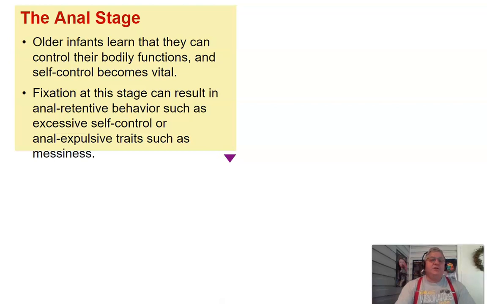Fixation at this stage can result in anal retentive behavior such as excessive control, or anal expulsive traits such as messiness. So if you're a person who is extremely messy, or a person who needs everything to be a particular way, you might have problems with your development at the anal stage.